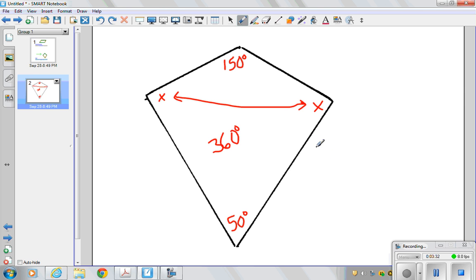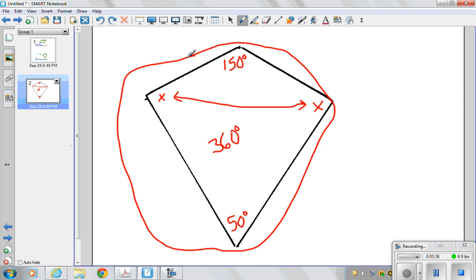All right. So what we're going to do is take this entire shape and set it equal to 360. So that'd be x plus x plus 50 degrees plus 150 degrees is equal to a total of 360. I'm drawing with my mouse here, so it may look a little funny. Well, when I combine like terms, I get 2x plus 200 is equal to 360.